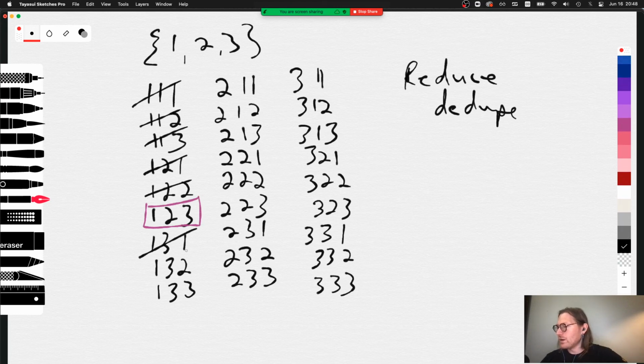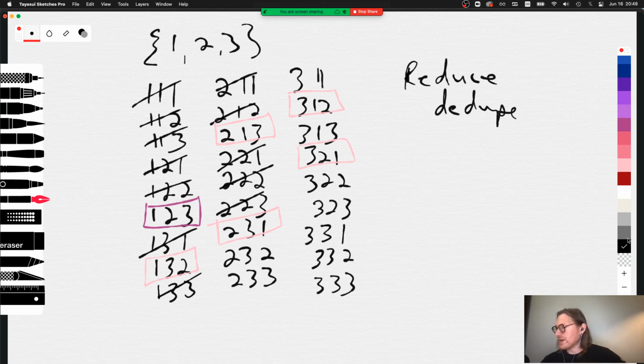And 1, 3, 1 does not. 1, 3, 2 seems to work. I think you get the idea here, so I'm just going to start circling the ones that have all uniques. And let's see how many there are. Okay, 1, 2, 3, 4, 5, 6. There are 6 of those that satisfy having all unique elements.